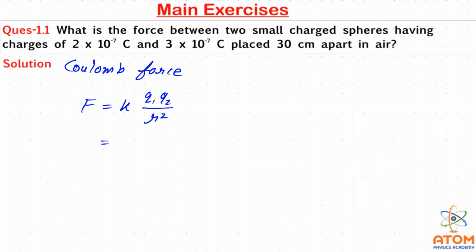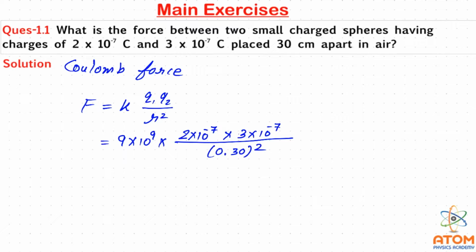So we have all the values, we can put that. K is 9 into 10 raised to 9 and the charge q1 is 2 into 10 raised to minus 7 multiplied by another charge q2, which is 3 into 10 raised to minus 7, divided by the distance, 30 centimeters, so we will put 0.30 meter square.